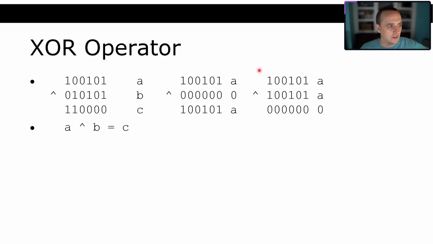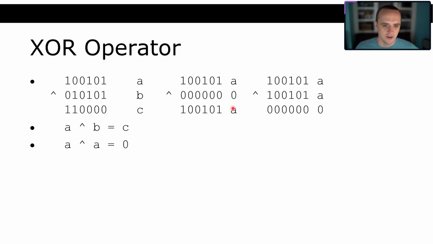Now, XOR has some really cool properties. It's my favorite operator. XOR is actually Turing complete or something. I think, or maybe that's NOR, XNOR, I can't remember. So any value XOR with 0 gives you the same value, because a 1 XORed with 0 will stay a 1, and a 0 XORed with 0 will stay a 0.